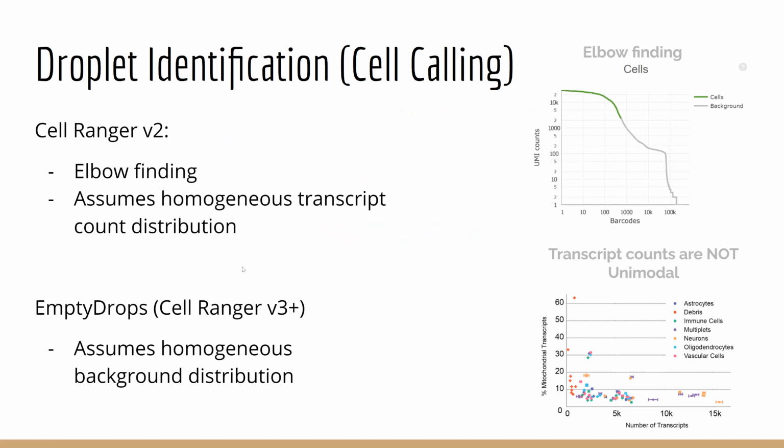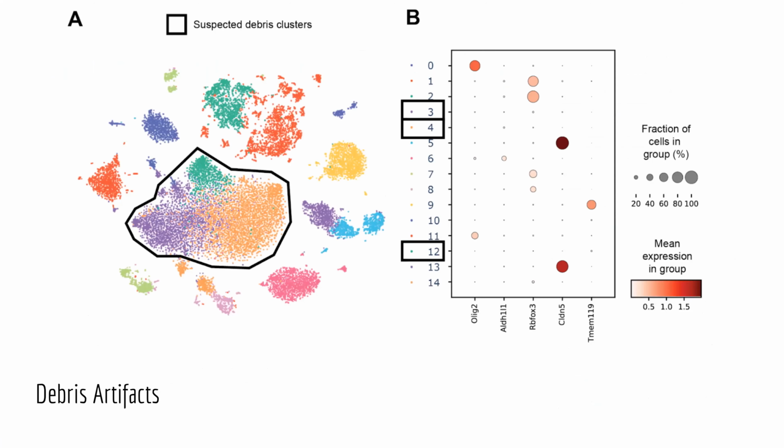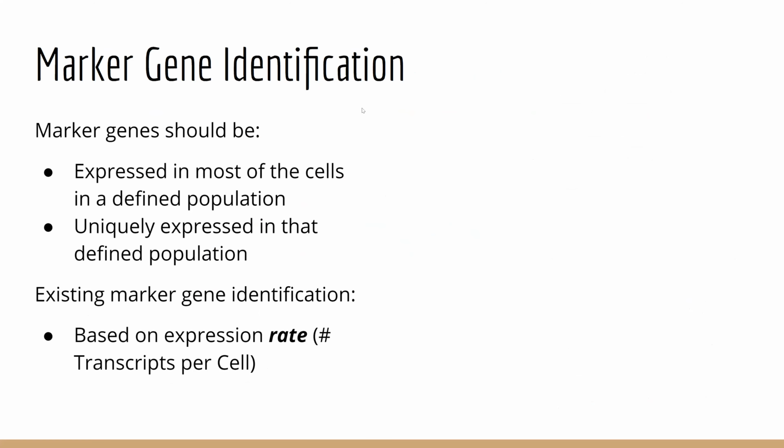And even an EmptyDrops method, like what's implemented in Cell Ranger versions 3 and later, assumes a homogeneous background distribution, which again, in the neuron data, because we have these cell chunks making up debris, is not a safe assumption. So we had to come up with our own way of filtering out the debris and identifying our cells. And we realized we could use the marker gene expression levels directly to determine whether something is a cell or not.